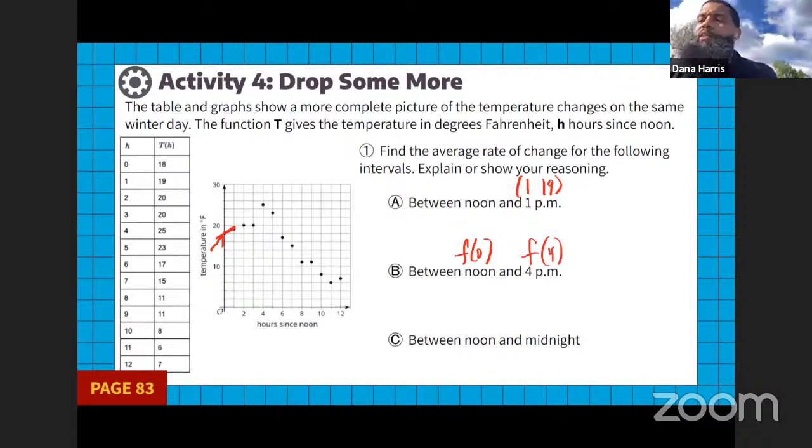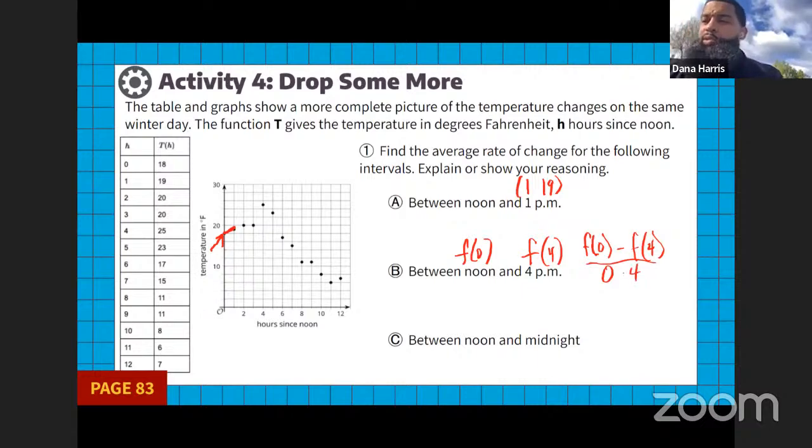Okay, so if we want to find the rate, we can say f of 4 minus f of 0, or we can say f of 0 minus f of 4. Okay, so let's do f of 0 minus f of 4, and then over, let's look at how much time is passing, 0 minus 4.